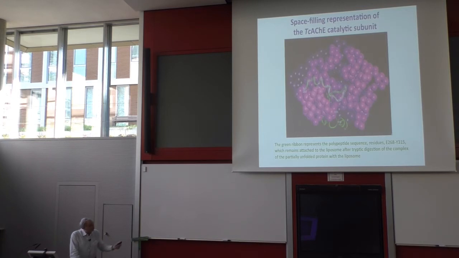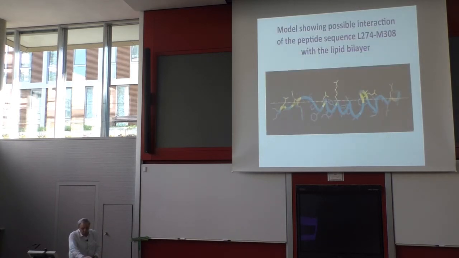We found this particular sequence, this green sequence, which interacts with the liposome. We also modeled how it might lie parallel to the bilayer. There are known proteins which have actually been solved in which the membrane-binding region is not inserted into the bilayer, but lies along it. So that's a plausible possibility.